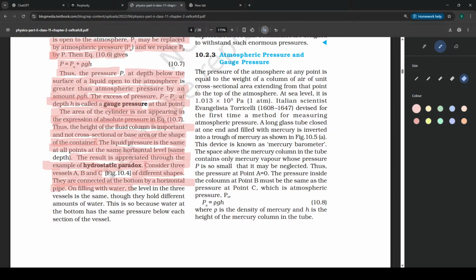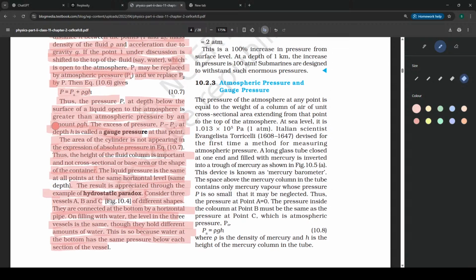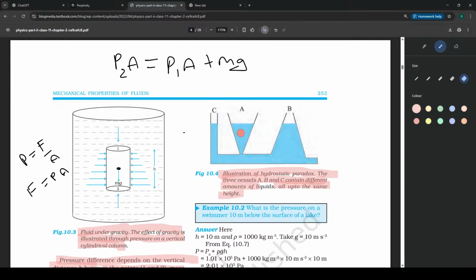On filling with water, the level in the three vessels is the same, though they hold different amounts of water. This is so because water at the bottom has the same pressure below each section of the vessel. Because of the same pressure, the pressure difference will be the same.